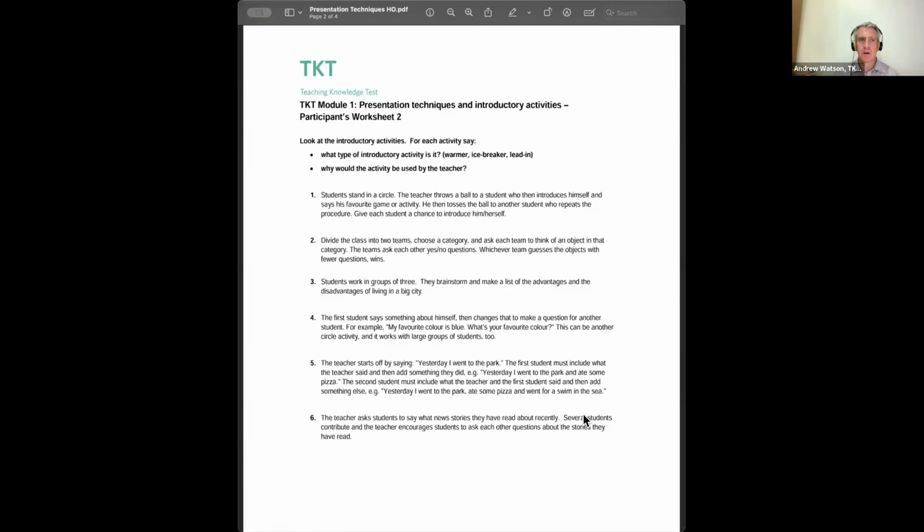Is it a warmer? Is it an icebreaker? Or a lead-in? Why would the activity be used by the teacher? Now, maybe some new people have come in and you don't have this worksheet, so I'm going to share it with you again.